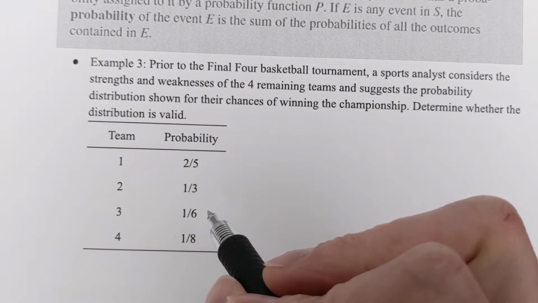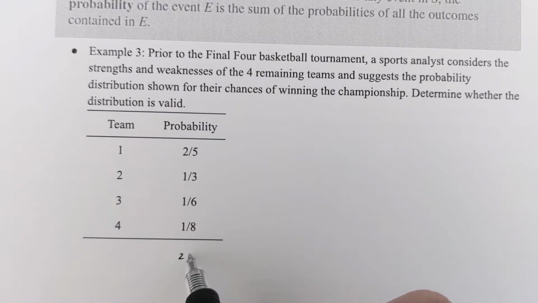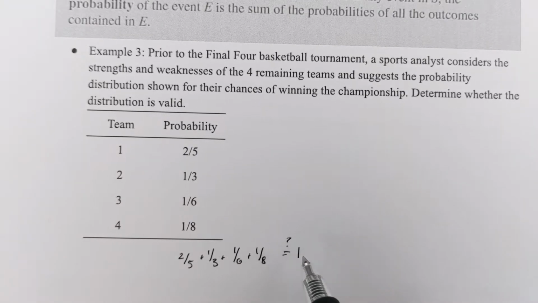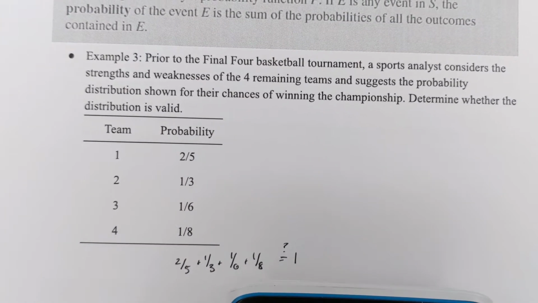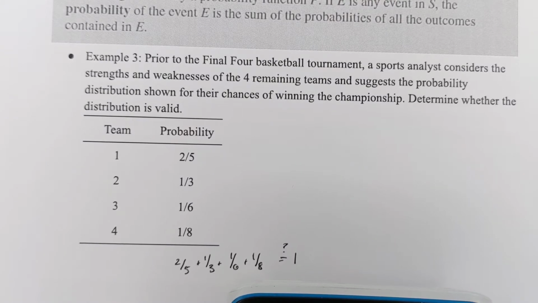The sum of the probabilities has to be 1, so I need to check that 2/5 plus 1/3 plus 1/6 plus 1/8 is equal to 1, and if it's not, then it can't be a probability. That's the second rule. So I'm going to grab a calculator. 2/5 plus 1/3 plus 1/6 plus 1/8.